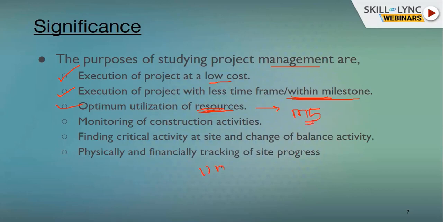The first term is manpower. The second term is money. The third term is material. The fourth term is machine.